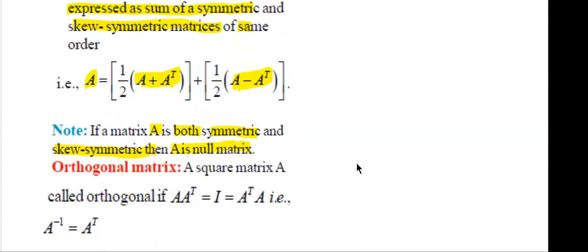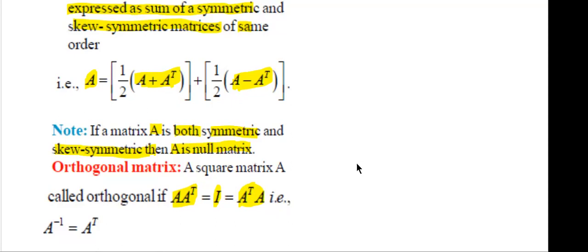Orthogonal matrix. A square matrix A is called orthogonal if A transpose is equal to A into A transpose is equal to I, that is equal to A transpose into A. That value should be I, the identity matrix.